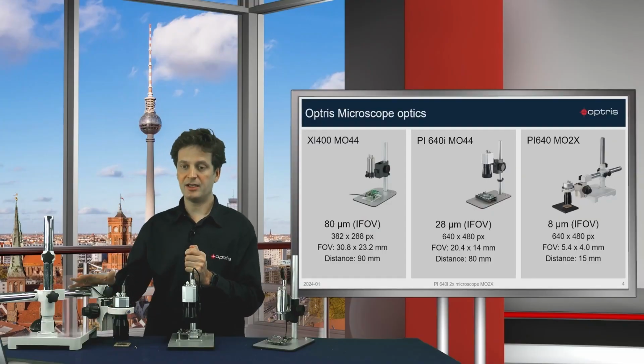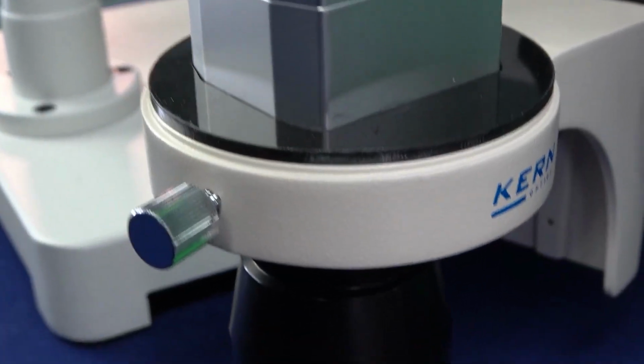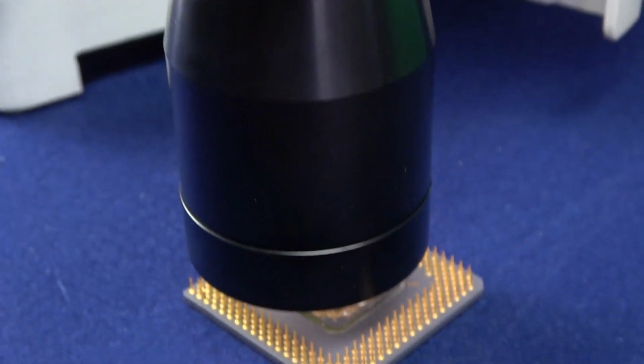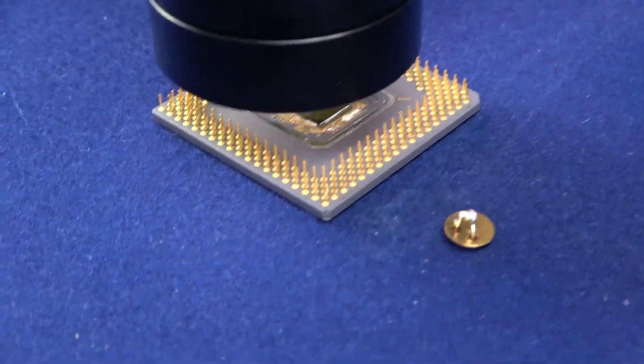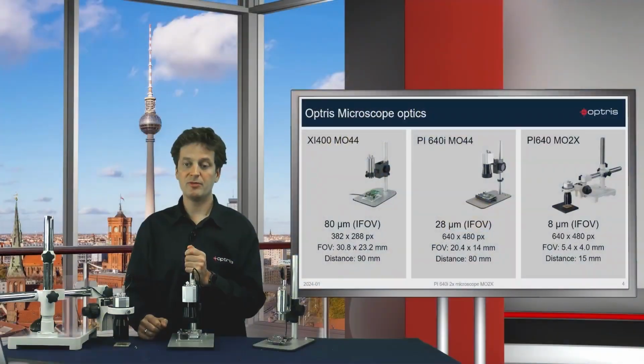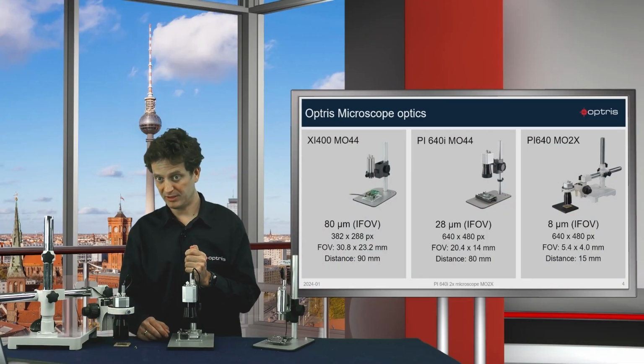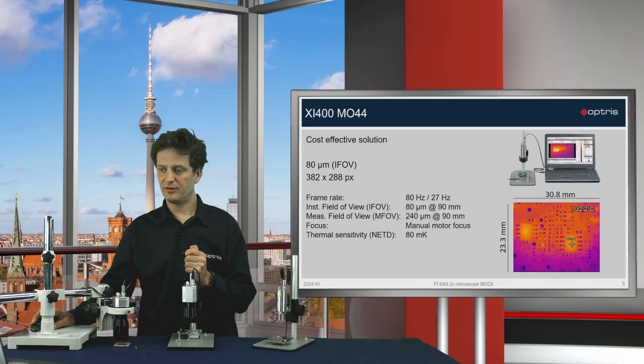And then we have our high-end product, also a PI640, but coming with much bigger optics to have a huge magnification, to measure objects down to 8 micrometers. A little more details on that.